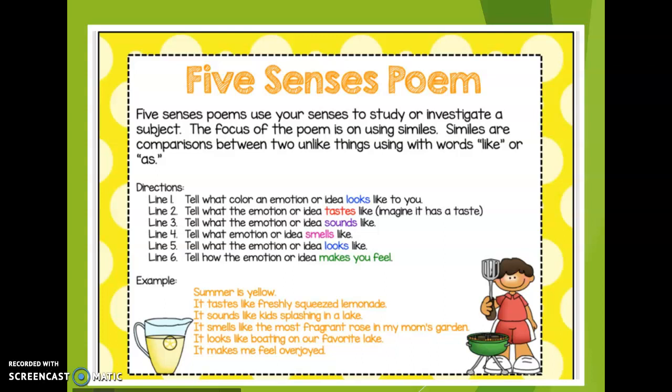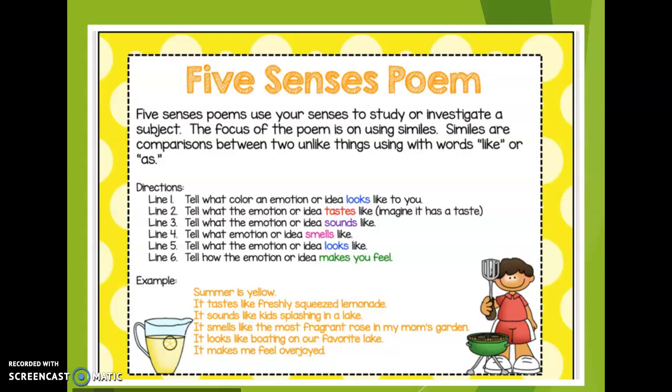So the directions. On the first line, you are going to tell what color an emotion or idea looks like to you. On line 2, you are going to tell what the emotion or idea tastes like. So you have to imagine that it has some kind of taste.